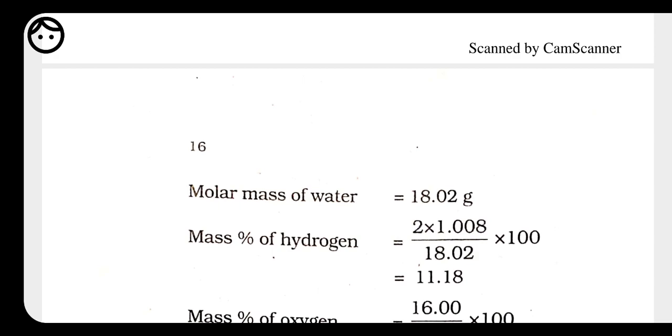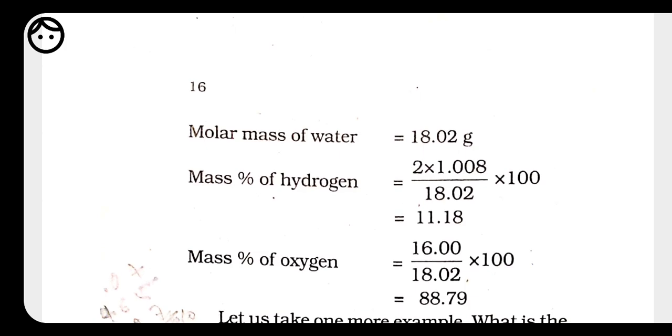Molar mass of water is 18 gram. Here we have taken 18.02, because mostly we avoid the small amount, but you can directly write 18 gram for the molar mass of water. In water we have a combination of two elements, hydrogen and oxygen.